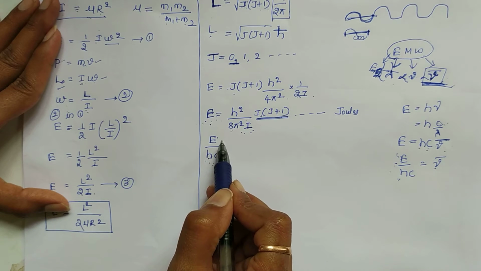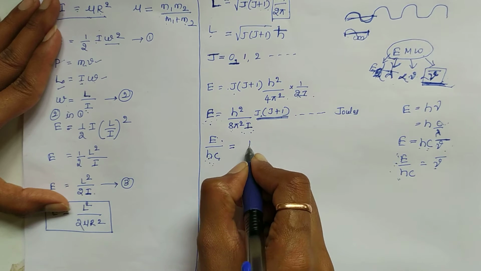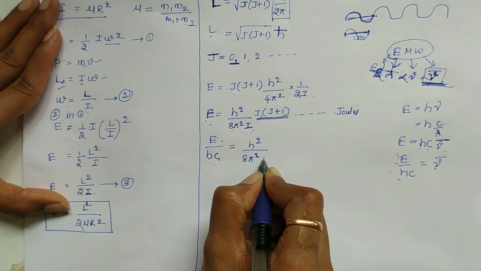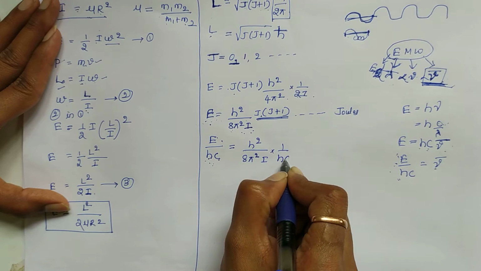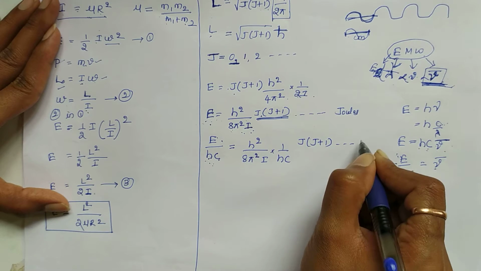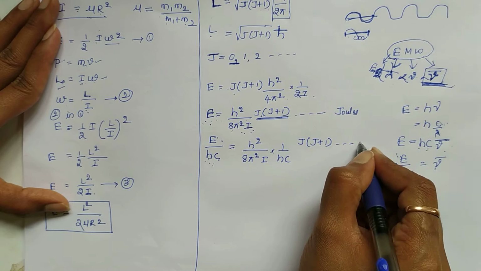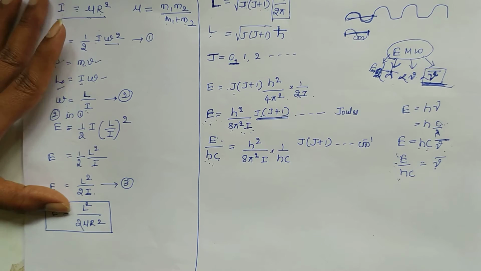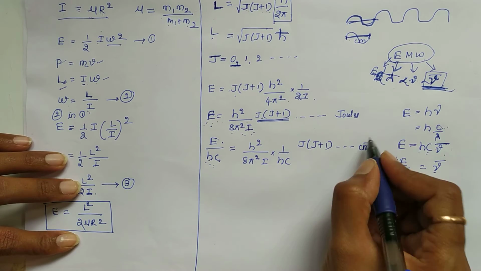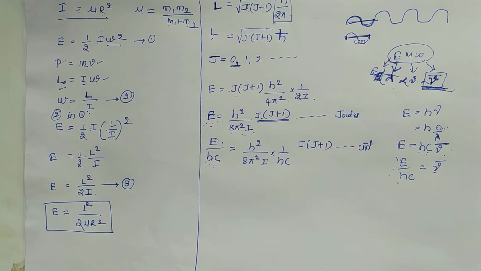This term represents nu bar, and that is equal to h square divided by 8 pi square I into 1 divided by hc, into the rotational quantum number J into J plus 1. So now I have converted this into per centimeter or per meter, whatever unit you are considering. This I am converting as wave number.